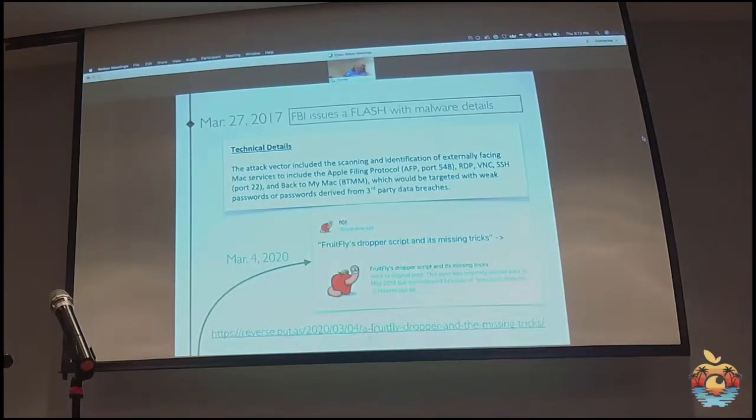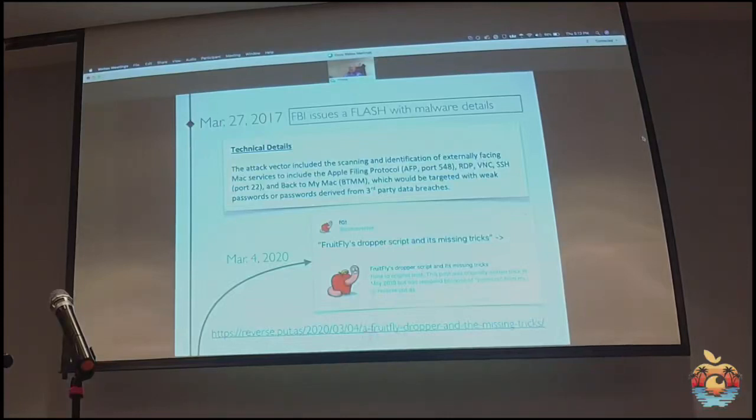One of the interesting things was that the flash shared technical details about how the malware got onto the computers. They said that the attack vector included use of weak passwords or passwords that had been leaked by third-party data breaches.